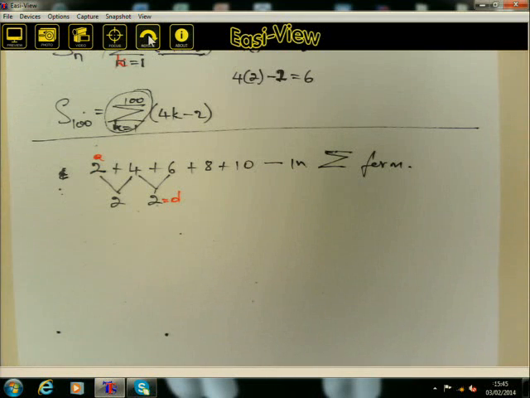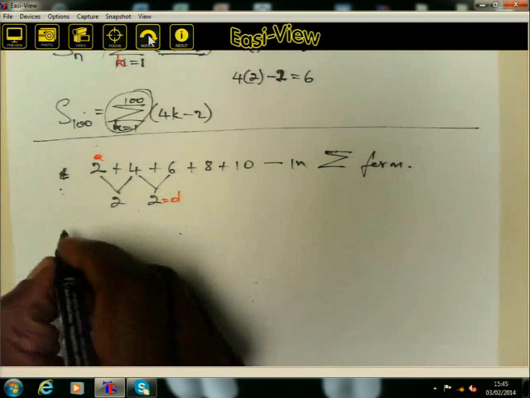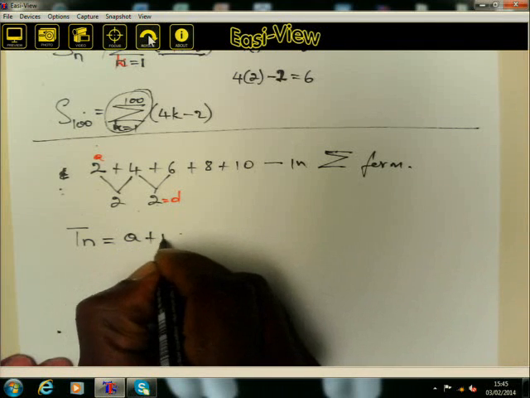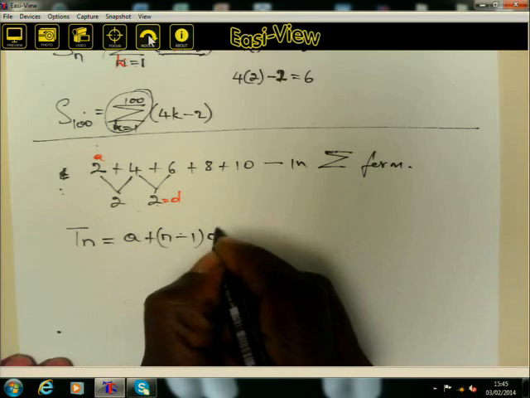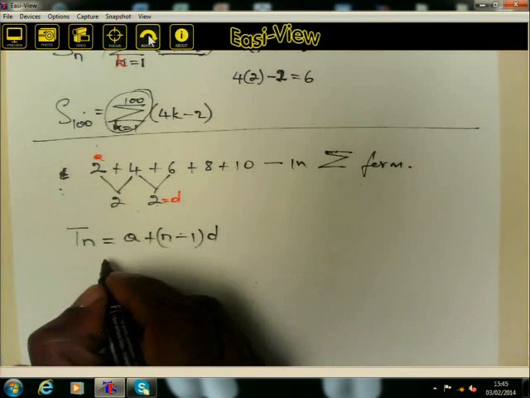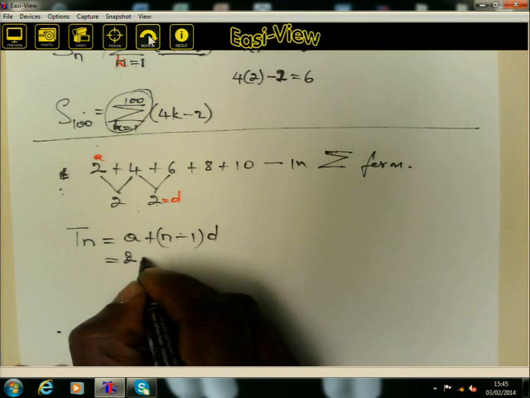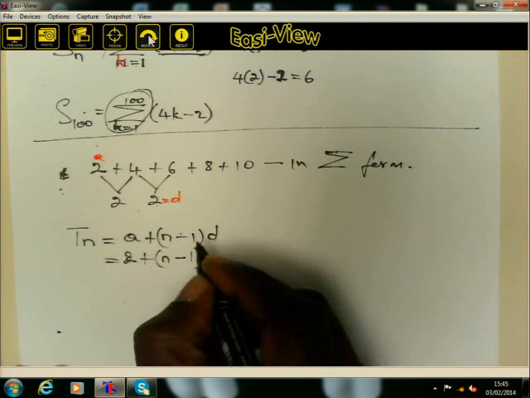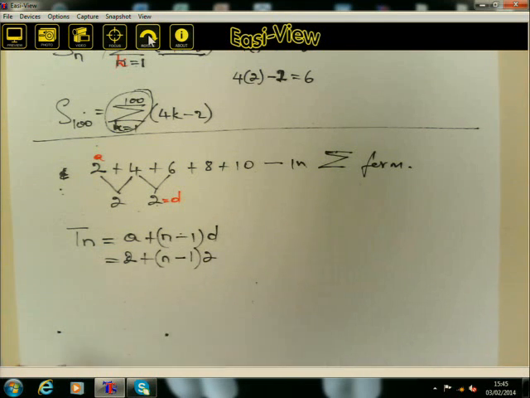So we can find the general term and say Tn will be given by a plus n minus 1 into d. Substitute, a is 2, add n minus 1, multiply by the difference, which is also 2.